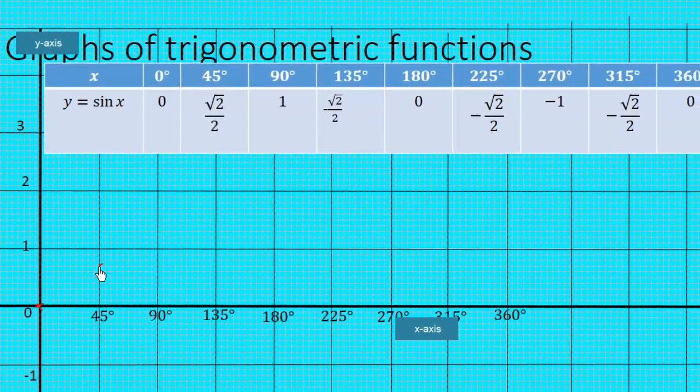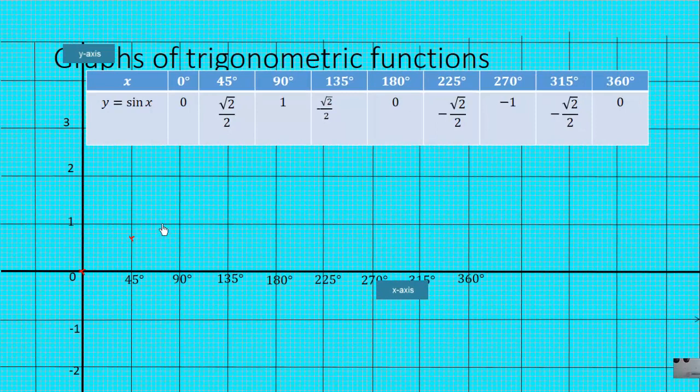We are somewhere here. Then the next one is 90 against 1, so here. And then the next one is 0 over here. After that, we draw a smooth curve through it, just smooth like that. So that is how to draw the graph of trig functions.